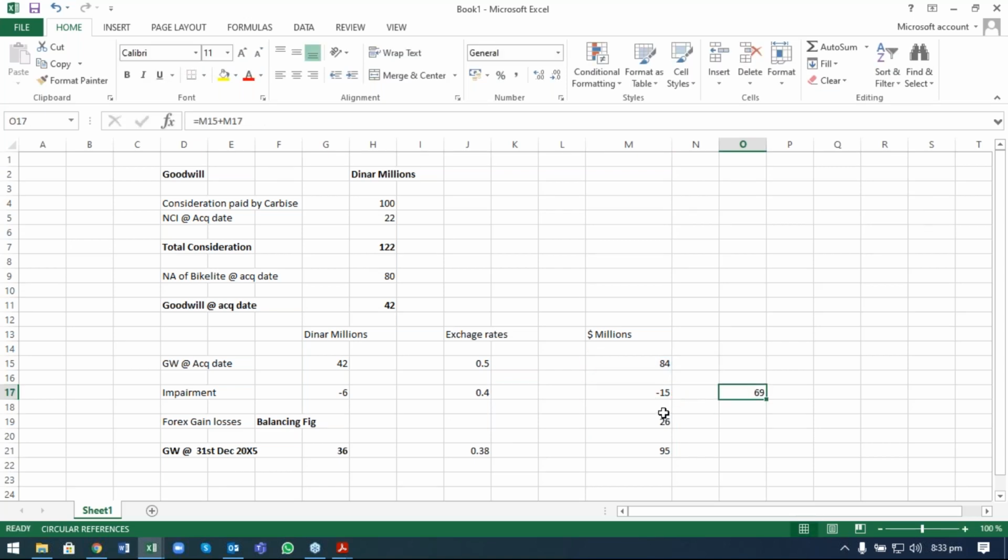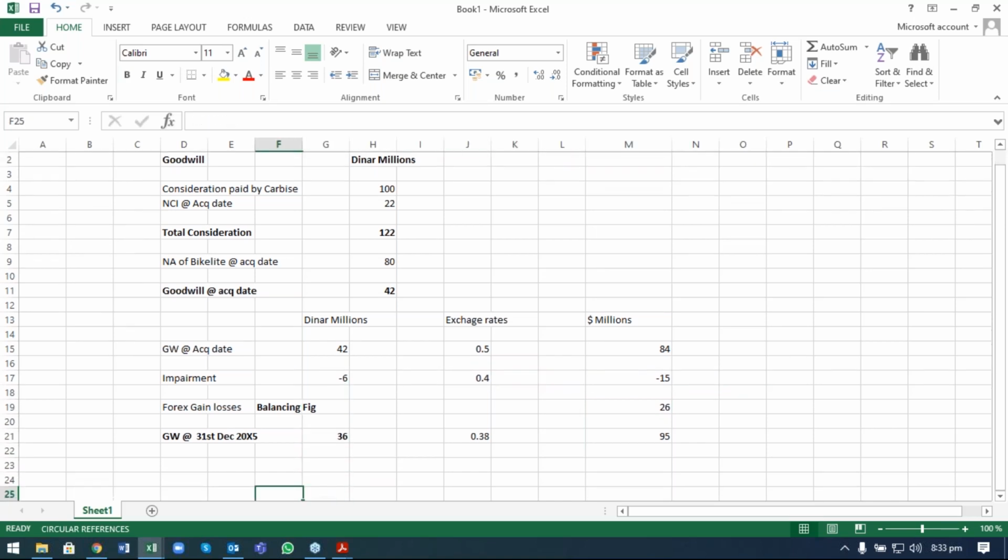It's 69 million. But as the value of the goodwill has increased in dollar millions, you need to debit goodwill and credit foreign exchange. Anything that goes into a credit entry is an income, right? So we are going to consider it as foreign exchange gains.